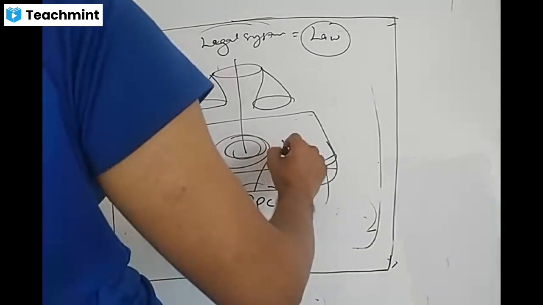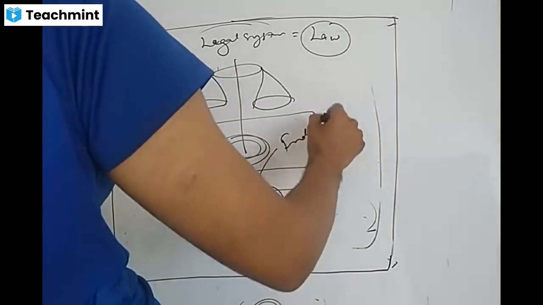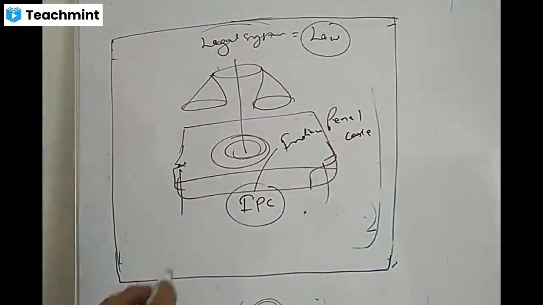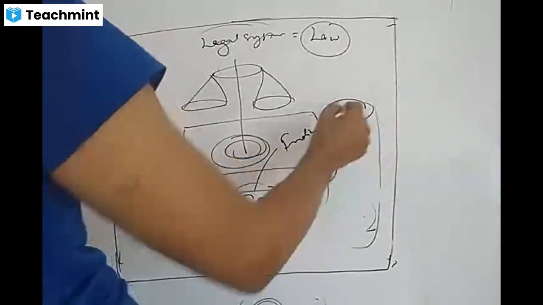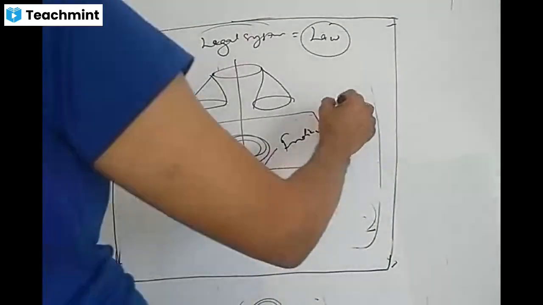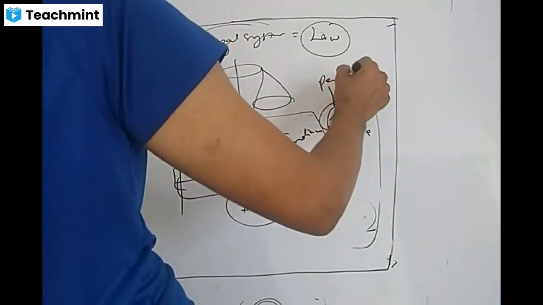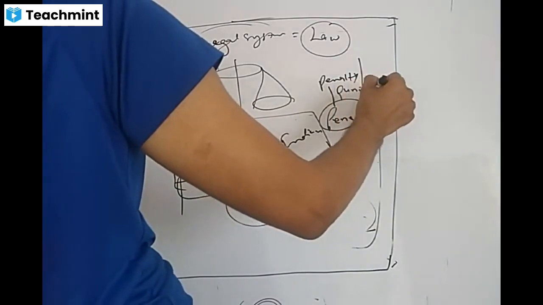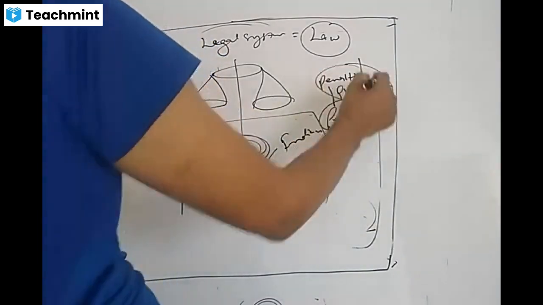What we call it? Indian Penal Code. Out of these three words, there is one word, penal. Penal means penalty. Penal means punishment. Penal means penalty or punishment.